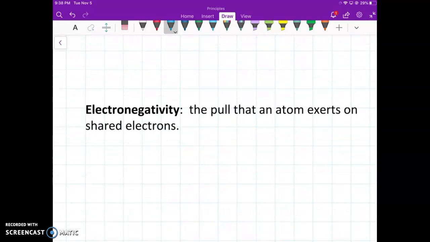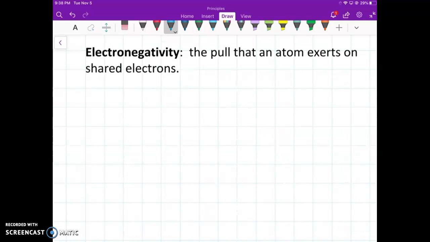Okay, and the last trend we're going to talk about is electronegativity. Electronegativity is the pull that an atom exerts on shared electrons. So you probably talked about water molecules a little bit in biology. Water molecules are just a couple of hydrogens and an oxygen. They each have a positive nucleus, so oxygen there and a couple of hydrogens.